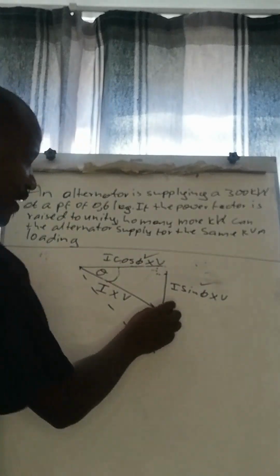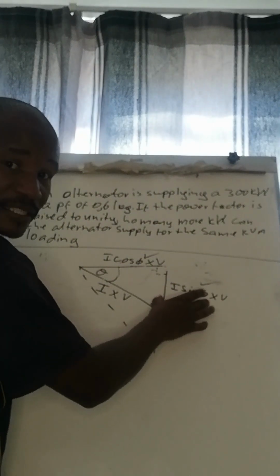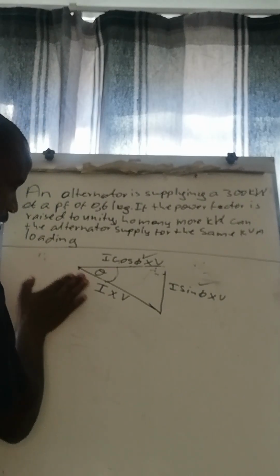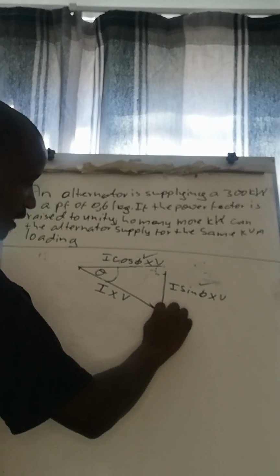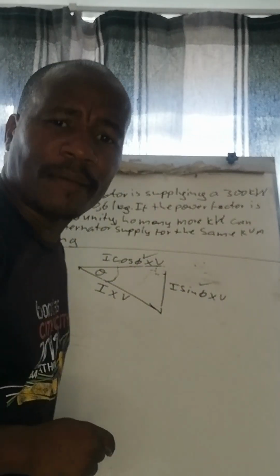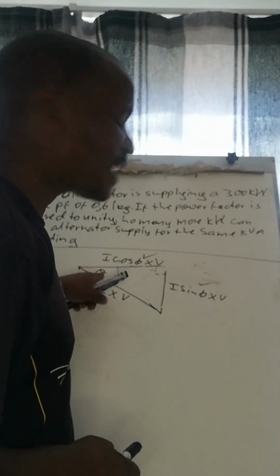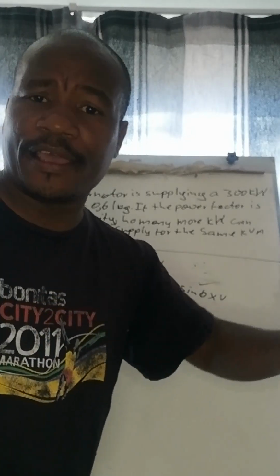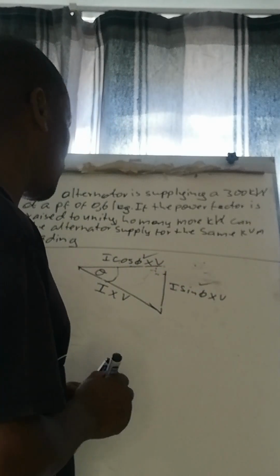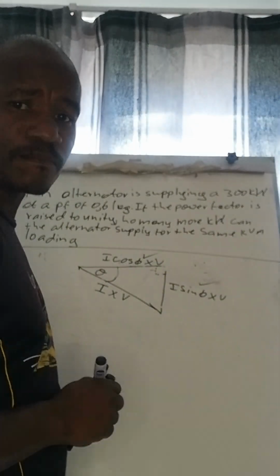And vice versa, if this reactive component becomes smaller, this angle will also become smaller, and the cosine of that smaller angle will give you a high power factor. That's basically what is meant by a power factor.